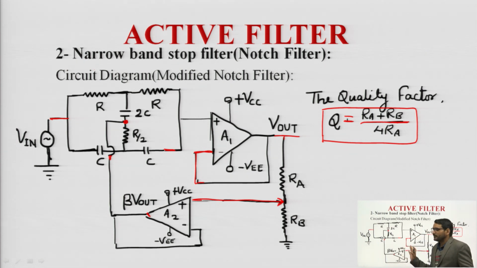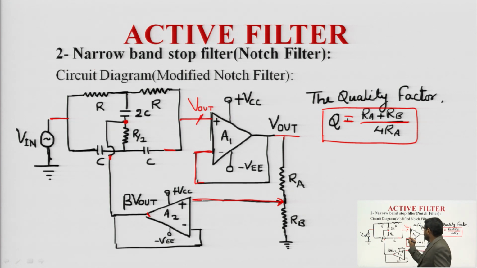Now, we try to derive the transfer function for this circuit or notch filter. So, first we consider this cross section. Okay. If you consider this cross section, R and 2C, R by 2 and C, C. So, we consider a point here, at which the potential is V out. Okay. At this point this is the source follower, it acts as a unity gain.